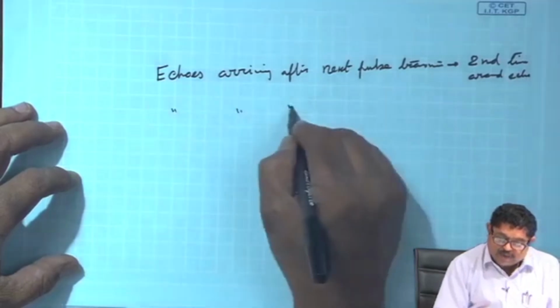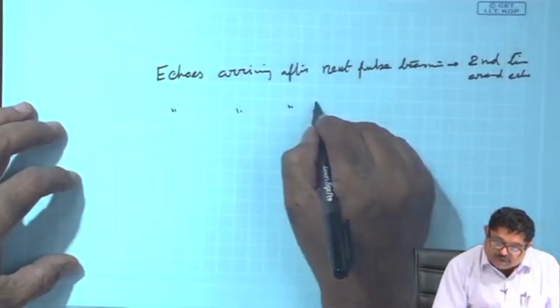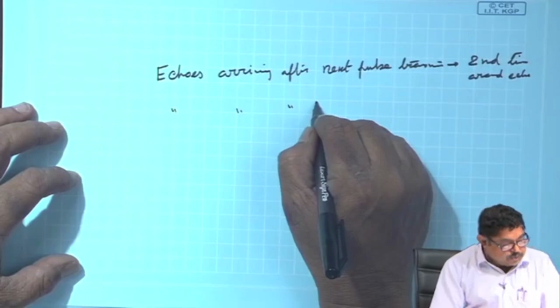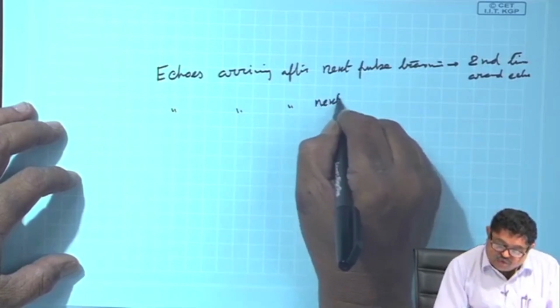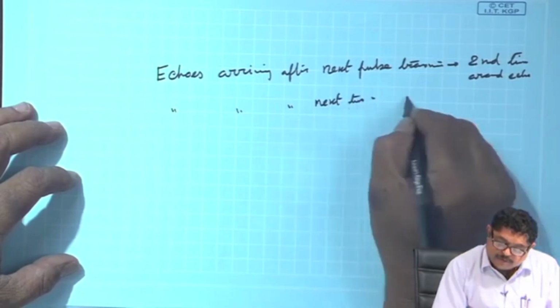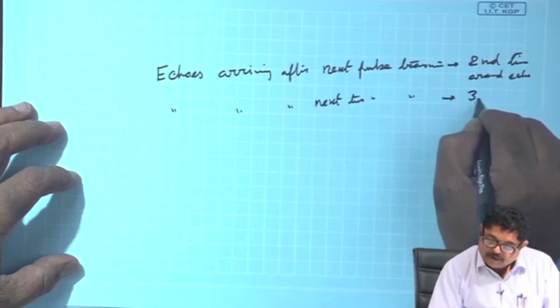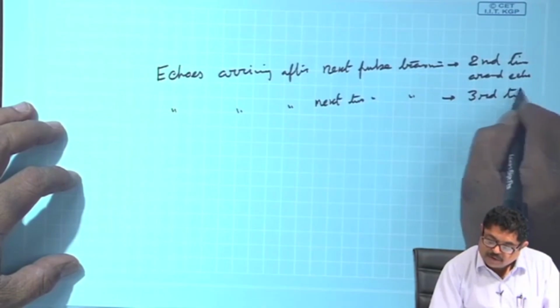Similarly, echoes arriving after the next two pulse transmissions will be called third time around echoes.